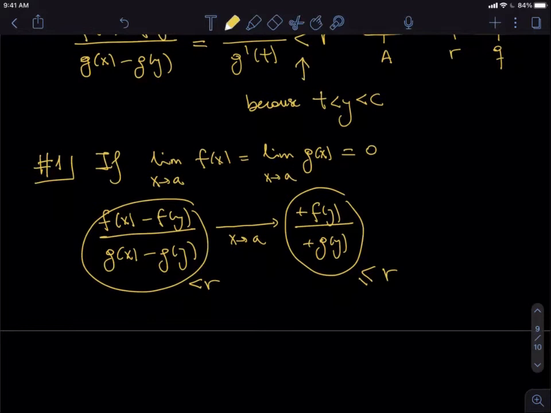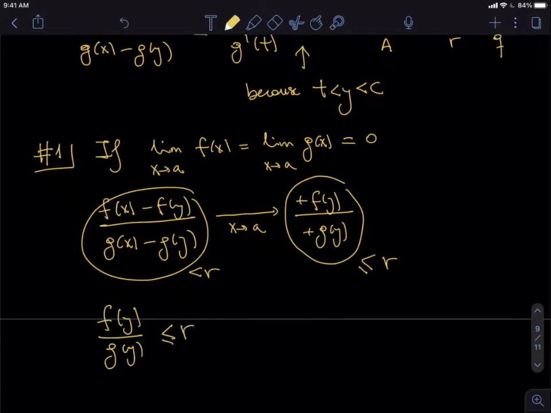And that is what we were aiming for. So here we have f(y) divided by g(y) less or equal than r, which is less than q. By definition, we picked r less than q for every y that is in between a and c.